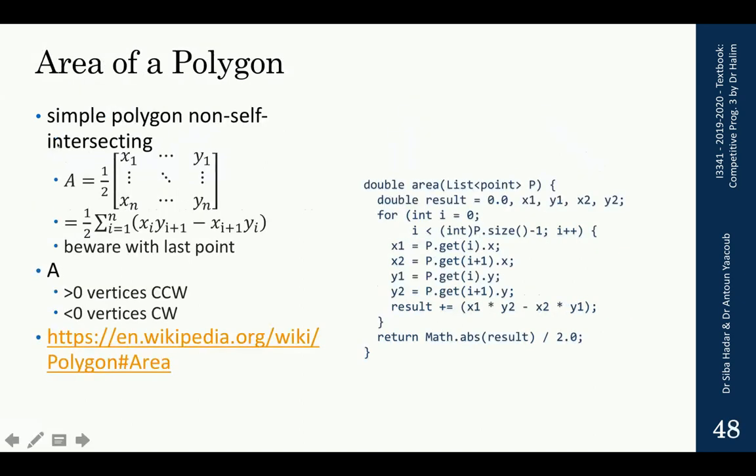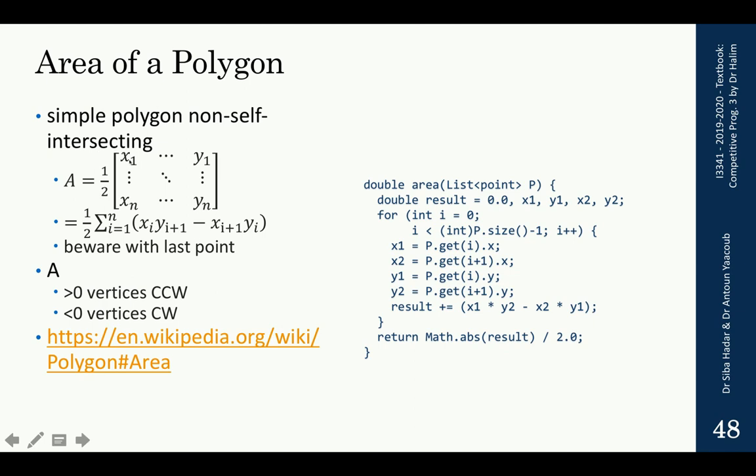Now the area of a polygon. There is a very effective and simple formula you can find, for example, on Wikipedia, that calculates the area of a polygon by adding the areas of the consecutive triangles formed inside this polygon. This is done by computing the determinant.